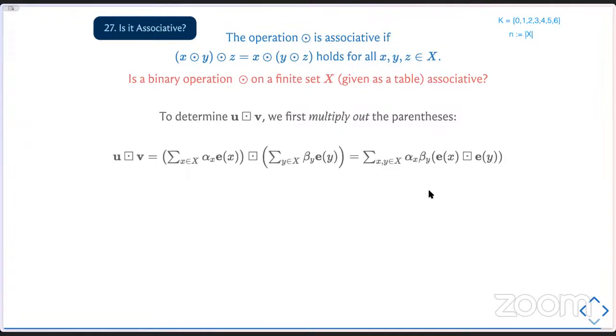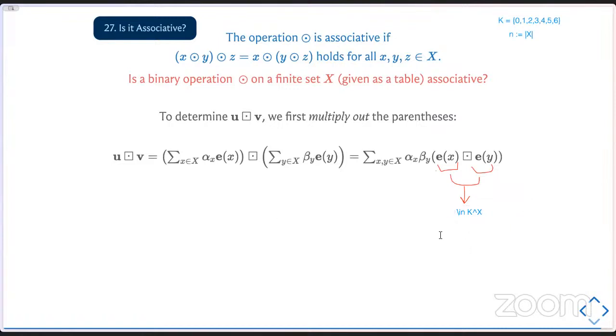Okay, maybe let me say this. We want E of X and E of Y to multiply out with the square operation. The square operation is a binary operation on K to the X. So we want this output to be an element of K to the X, right?